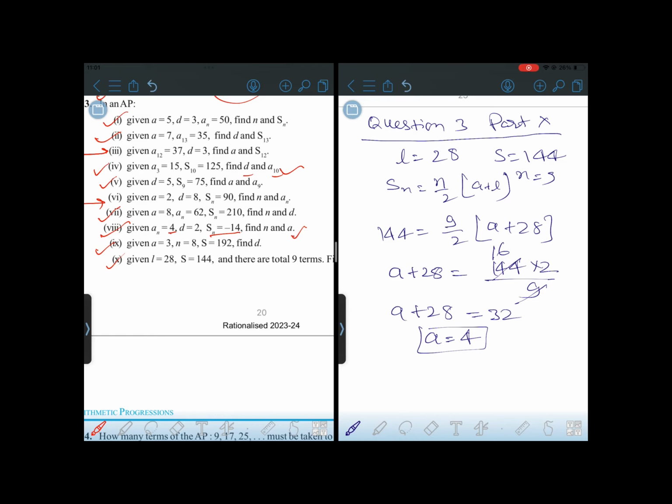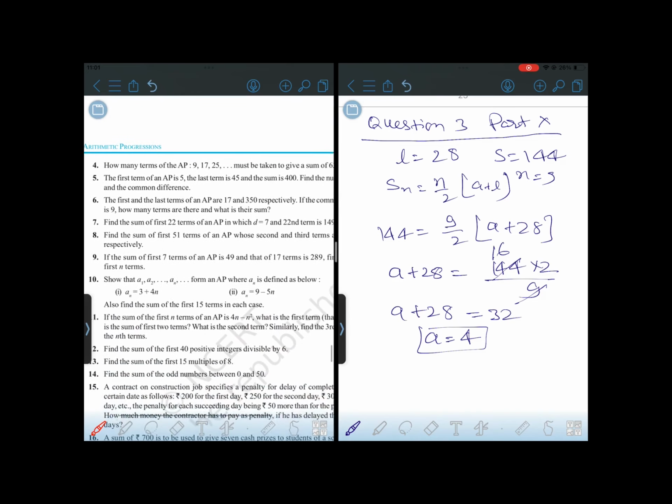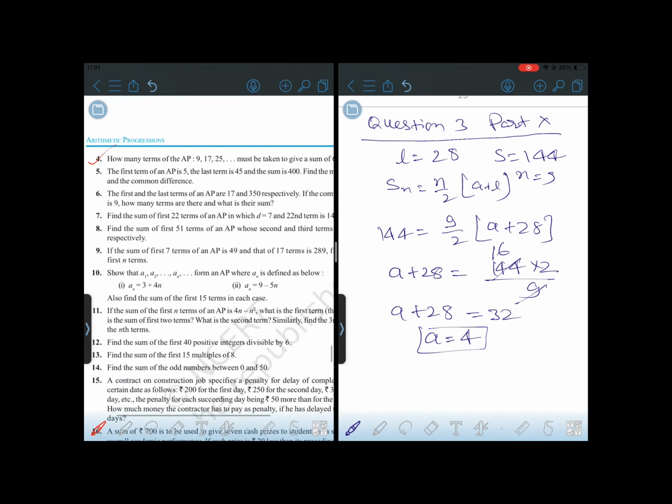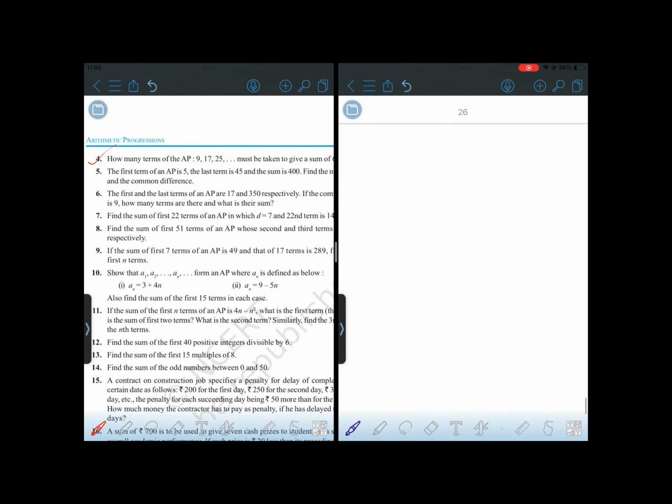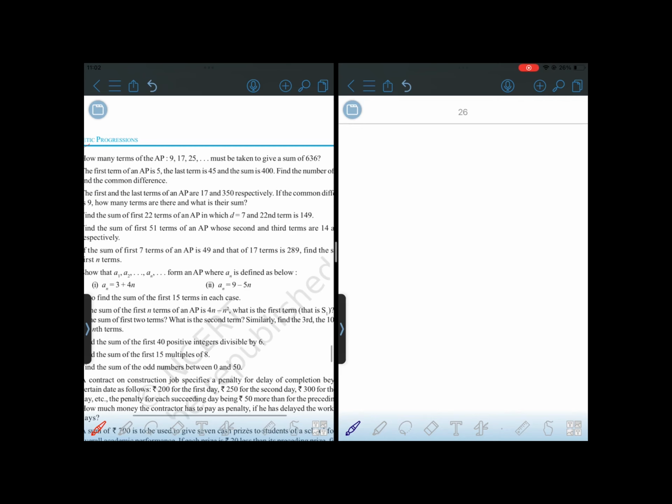So I think let's start the question number 4. Question number 4, it says how many terms of AP must be taken to give a sum of 636, right? So here basically we have the AP, right?